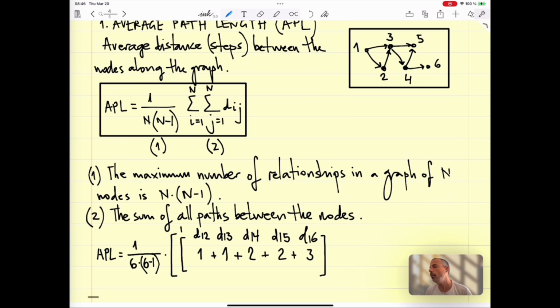You cool? Any questions how I did that? Yeah, we take the shortest path. So we could go and say 1, 2, 3, 6. This will take 4 steps, but we take the shortest. 1, 2, 3. Okay? Yeah, we take the shortest.